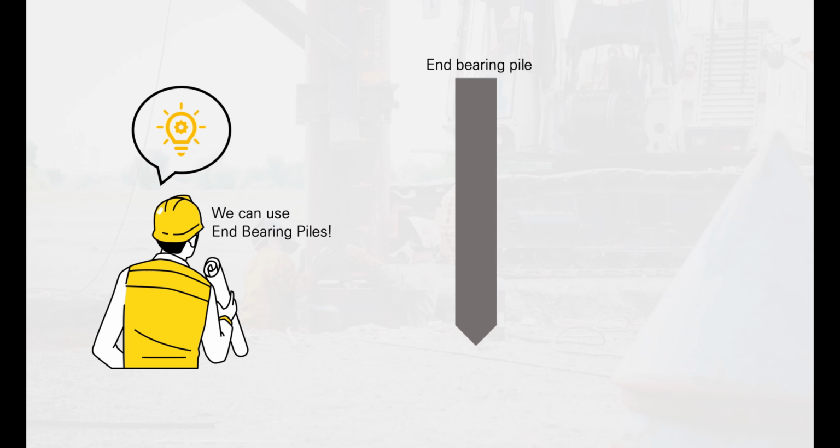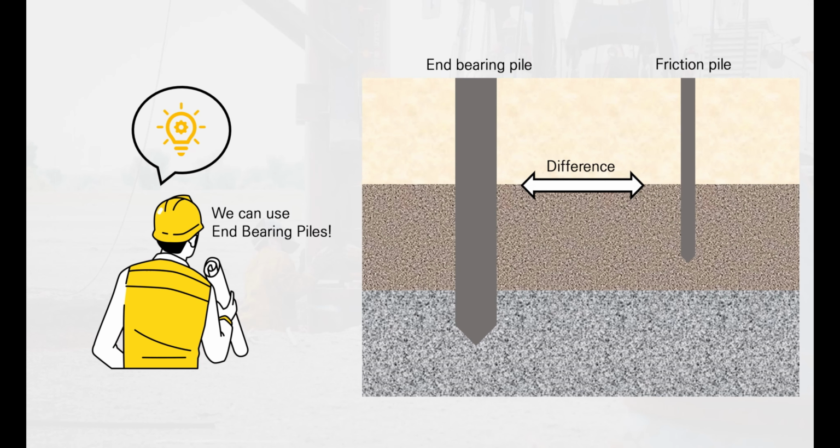The engineers decided to use a different type of pile named end-bearing pile. This pile has a difference in the way of resisting loads compared with friction pile. End-bearing piles are used to transfer superstructural load through low bearing capacity soil to the strong stratum such as rock or very dense sand and gravel.